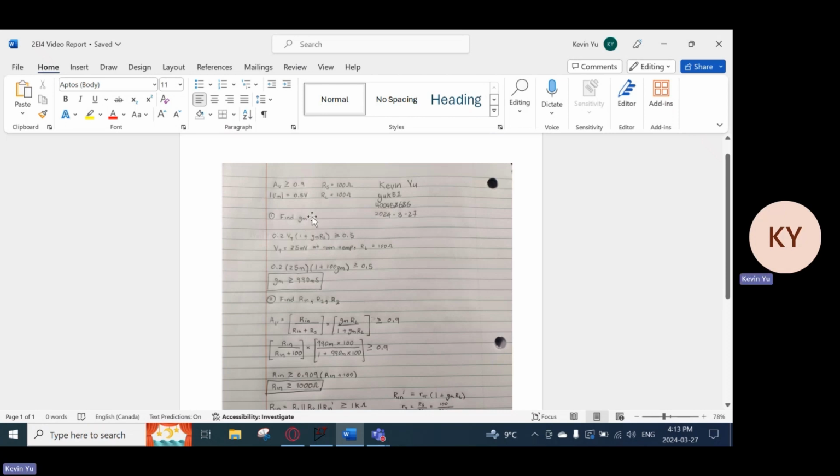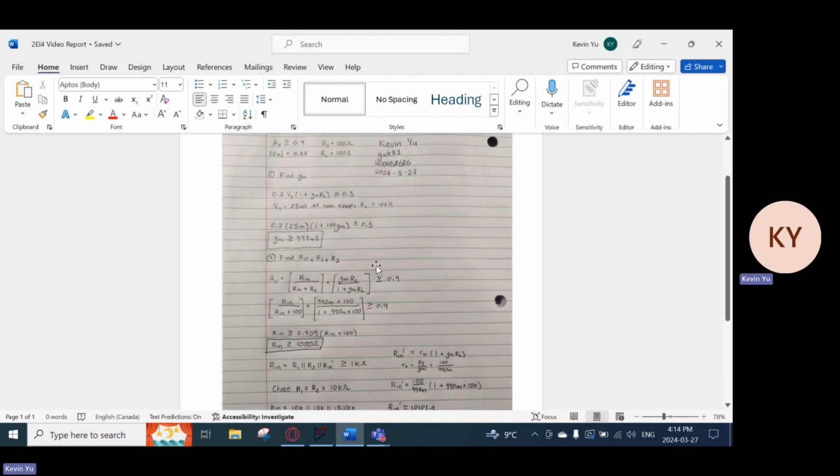0.2 times VT times (1 plus gm times RL) is greater than 0.5, which is our VN. At room temperature, VT is 25 millivolts, and RL is given as 100 ohms, as shown here. So I just had to solve for gm, and it turns out that gm is bigger or equal to 990 millisiemens.